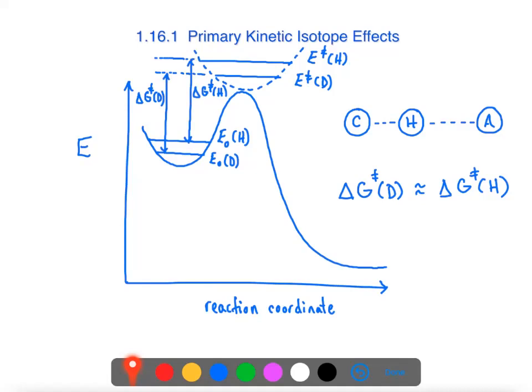We don't see a significant difference. Because the relative change in the energy is similar, we don't expect to see a significant difference in the free energy of activation. That will mean the ratio of the rate constants will be close to 1.